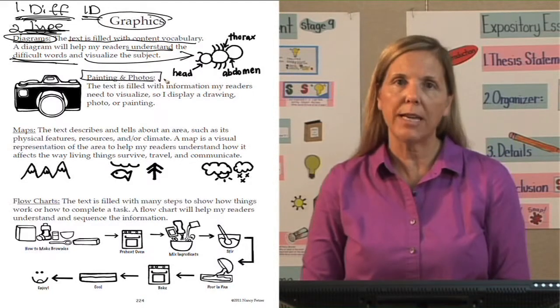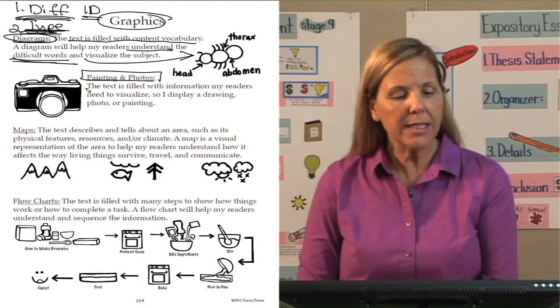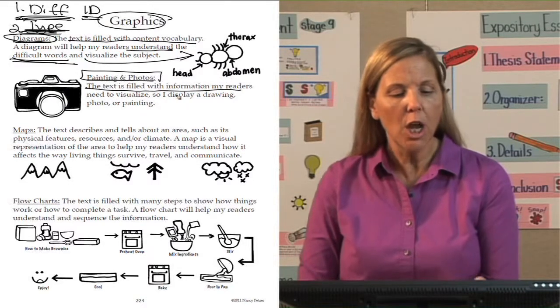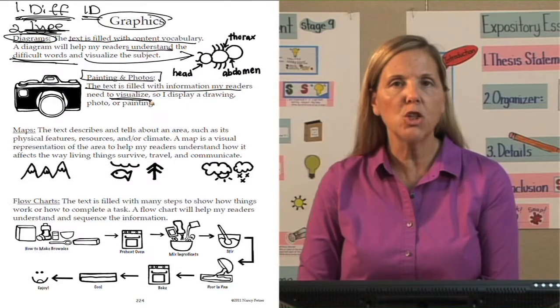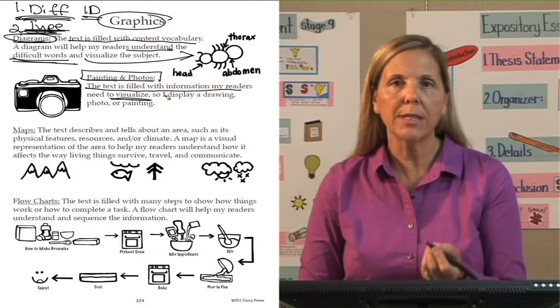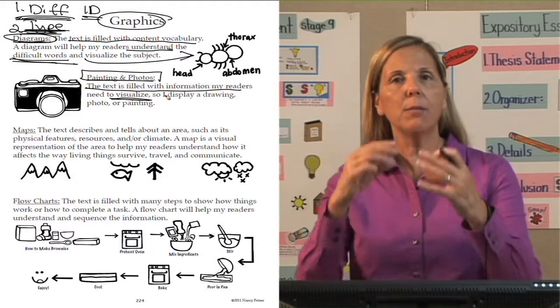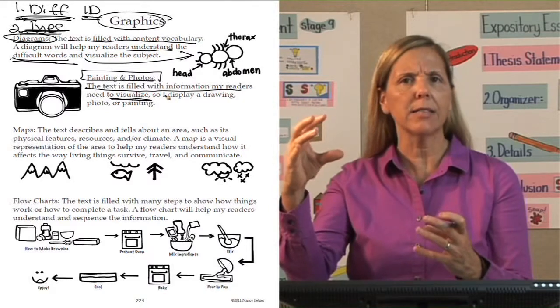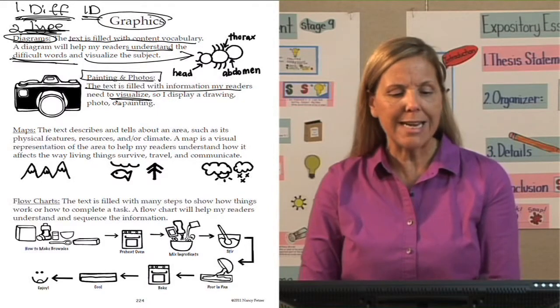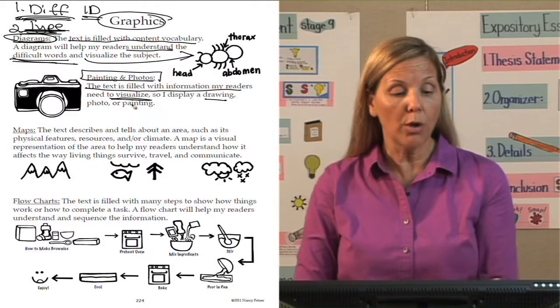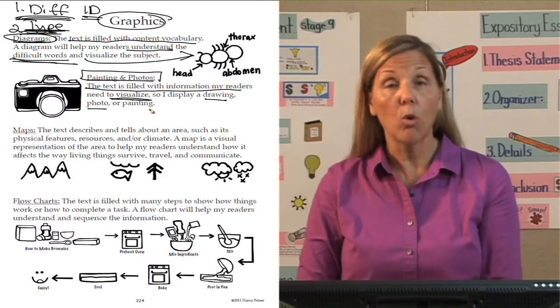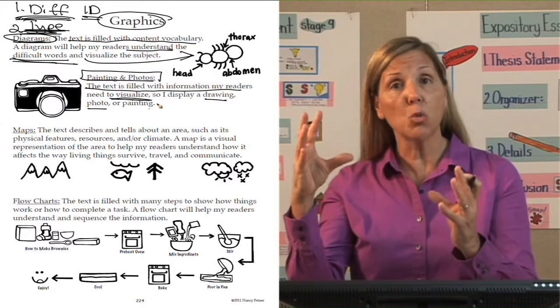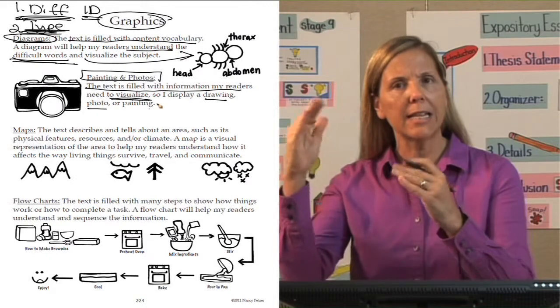When do I need a painting or a photo? If my text is filled with information where my readers need to visualize what I'm telling them about. So in my text, let's say I'm describing the layers of a leaf in a plant. It's probably a good idea to give them a drawing or a photo or some sort of visual of that plant and its layers.